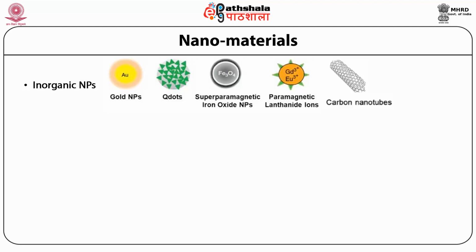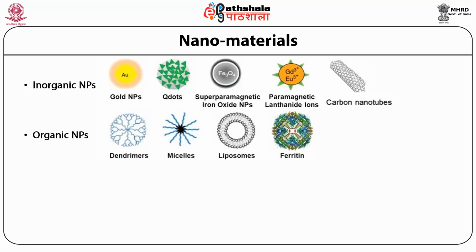According to the material used for construction, they are called gold, silver, iron, copper, silica and in general metallic nanoparticles under the inorganic category, and organic nanoparticles include dendrimers, micelles, liposomes and ferritins. Quantum dots are also a type of specialized nanoparticles.